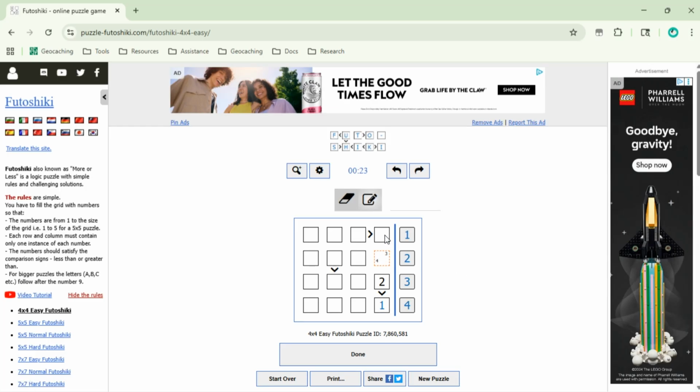This is a 3 or a 4. This is a 3 or a 4, because that's the only number we're missing. Since this number needs to be bigger than this number, and this number is a 3 or a 4, only the 4 is possible here. And then this needs to be a 3, and then this one now is the remaining number. So this is where the 4 is located.